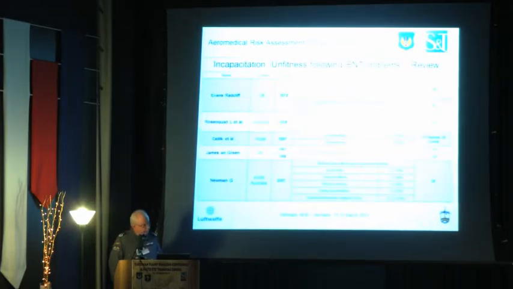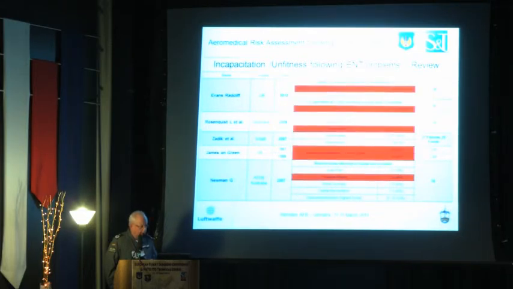A short view to the literature shows incapacitation and unfitness due to ENT problems are very rare, as you can see here, and it's not changing when you see the work of James and Green from the UK.